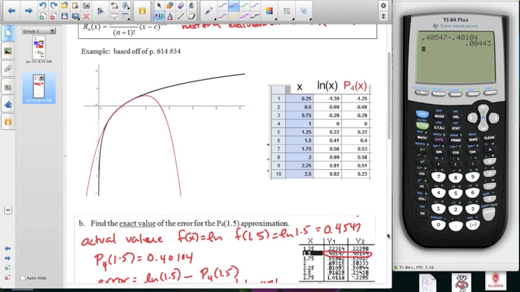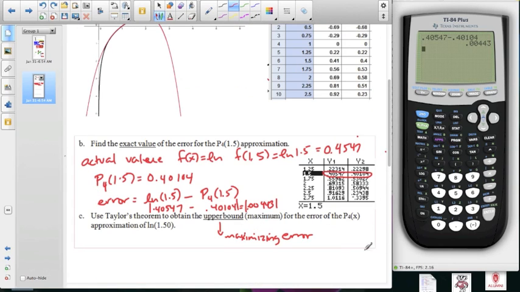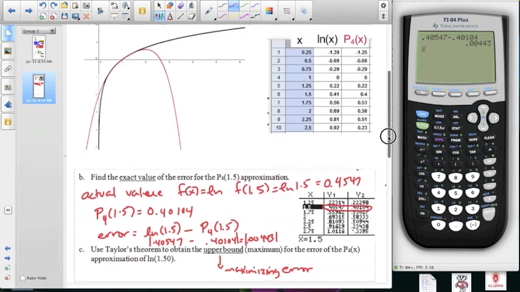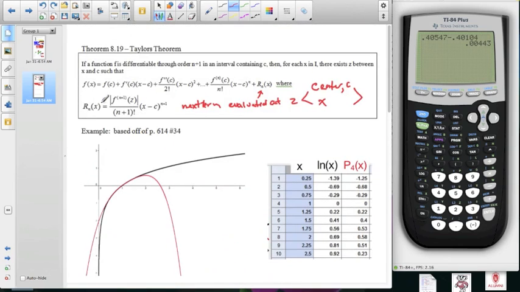And so when we look at maximizing this error here, we're saying let's take the next derivative, basically.